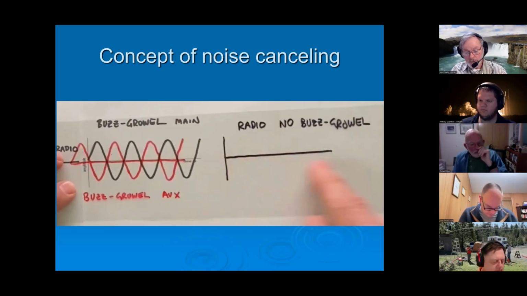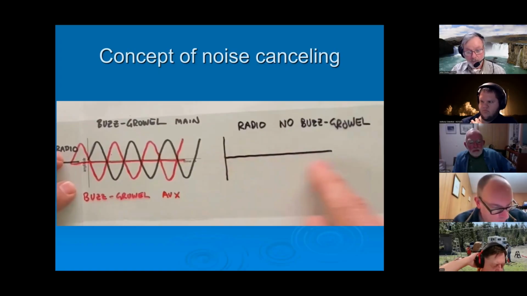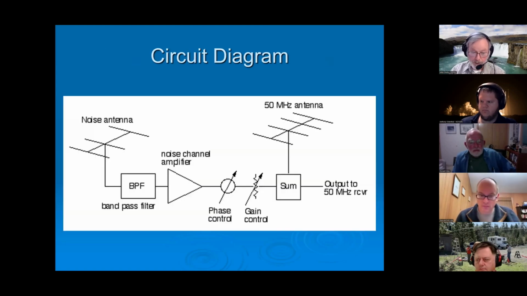If you add those two together, and that's easiest to do in electronics, to sum things, you end up getting zero out of it. So over on the right side, if both those amplitudes are exactly the same but out of phase, it cancels out that particular noise. Well, that's a really simple explanation, and we'll get into more of the details.